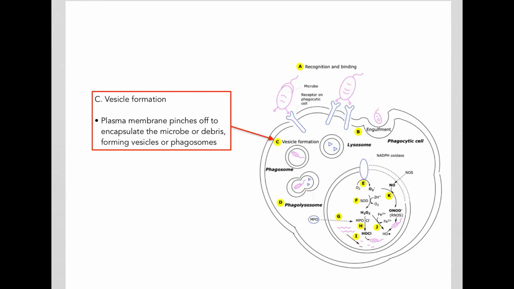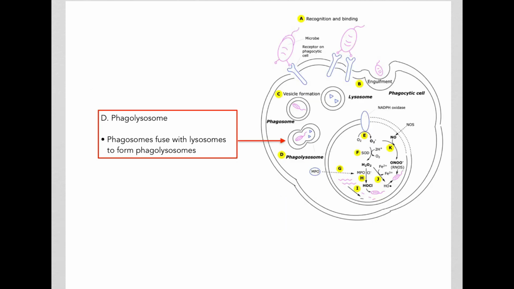In the next step, the plasma membrane pinches off to encapsulate the microbe or the cellular debris. This forms vesicles. These vesicles are called phagosomes. So here we see a vesicle with the microbe or the cellular debris inside the vesicle.